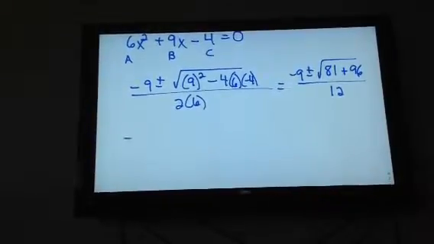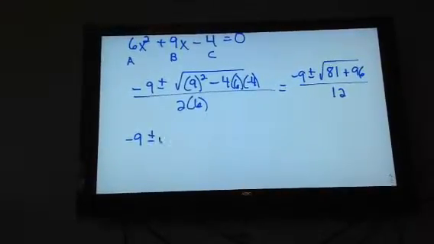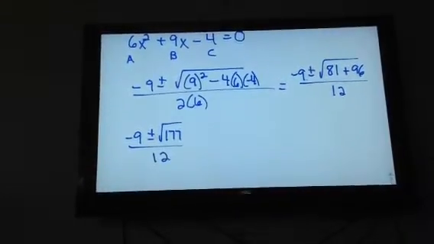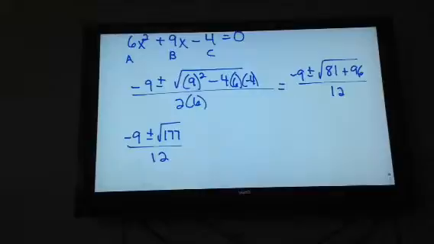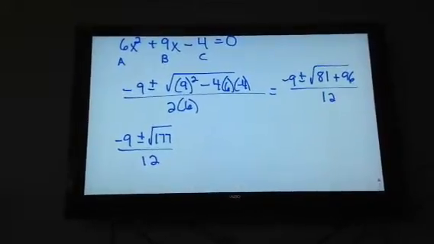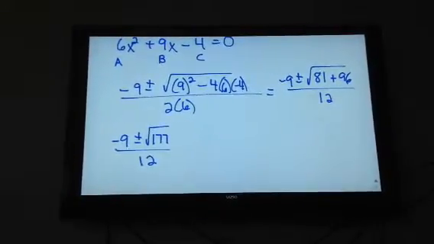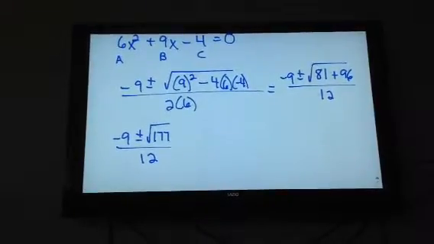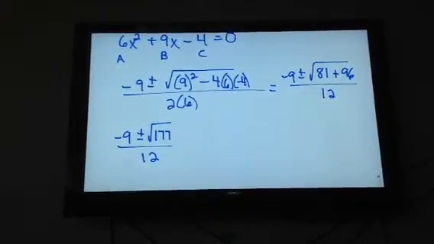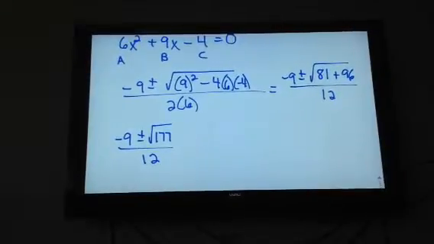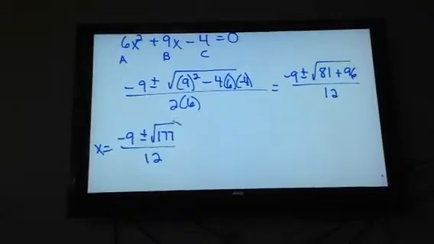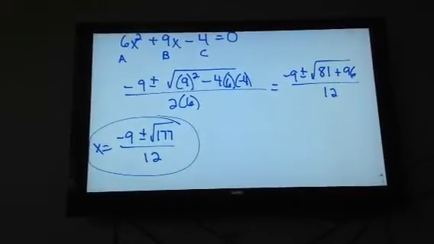So I have negative 9 plus or minus square root 177 over 12. I have no idea, does 177 have a square? It does not. 59 times 3, 2 prime numbers, so it does not. That is my answer. Those are my values of x.